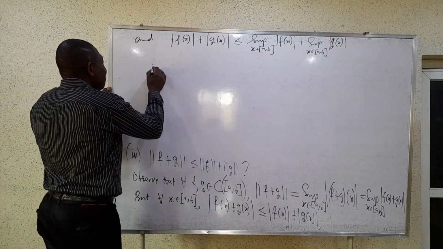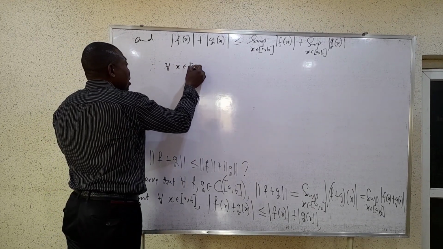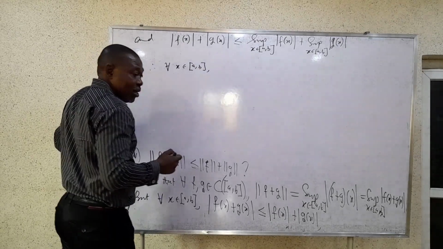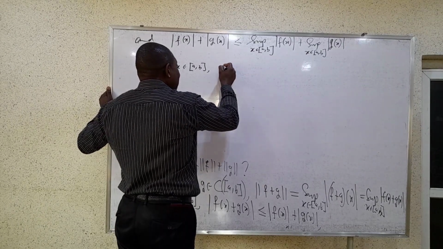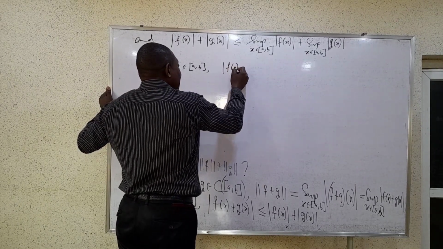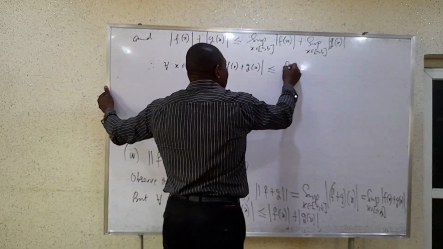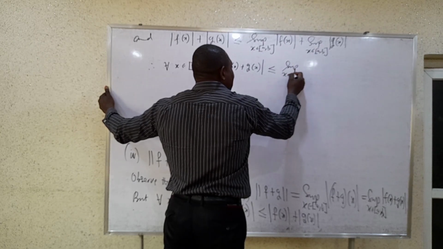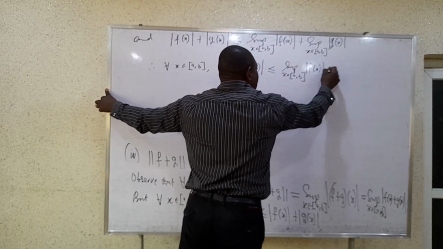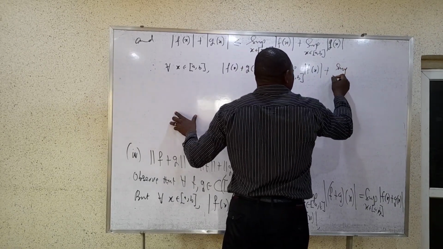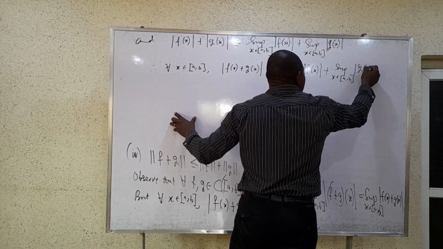So what I have is therefore, for any x in [a,b], the absolute value of f(x) plus g(x) is less than or equal to the supremum over x in [a,b] of the absolute value of f(x) plus the supremum over x in [a,b] of the absolute value of g(x).